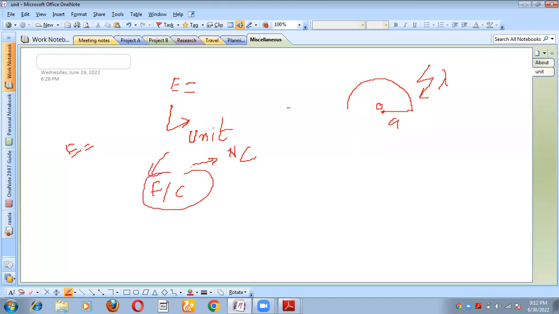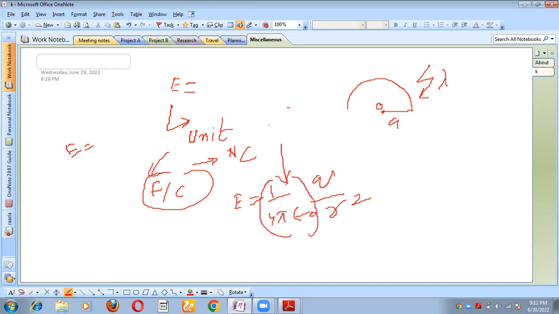Newton per coulomb, or we can also say, we know that the electric field due to a point charge is 1 by 4 pi epsilon naught q by r square, right? If I separate the unit of this term, the unit should be coulomb per meter square.